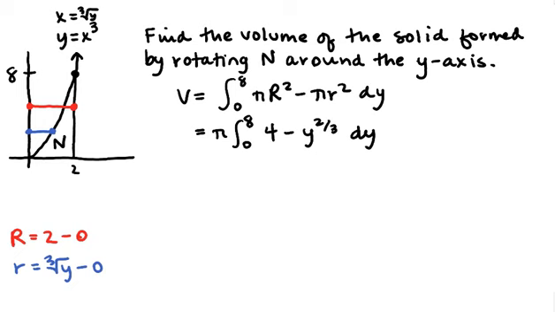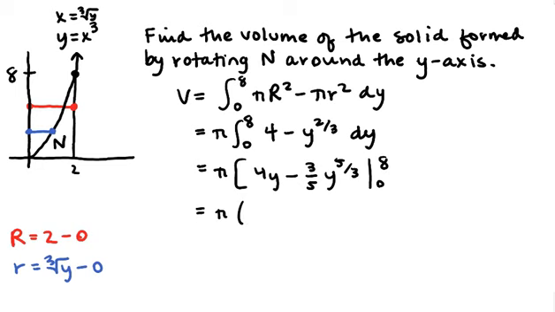And this is one where maybe I will carry out the rest of the steps, because it looks real friendly and it won't take that long. So this is going to be pi times the antiderivative, which is 4y minus, bumping up the power by 1, adding 3/3, and multiplying by 3/5, letting that run from 0 to 8. So this is pi times 4 times 8 is 32, minus 3/5 of, well, we had just talked about how 8 to the 5/3 is 32.